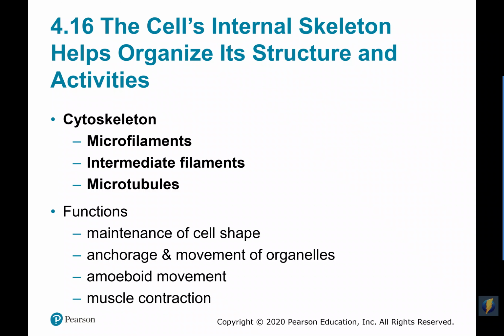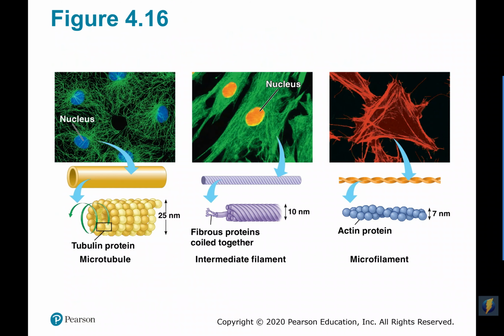And the cytoskeleton can also function in contraction of our muscles. So you can see here are our 3 different types of cytoskeletal elements. Here is the microtubule. It is made up of the protein tubulin.